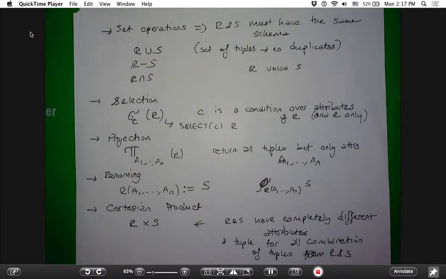Now remember that Cartesian product does not select any tuples. It just finds the multiplication. So Cartesian product in general is kind of useless. But as it turns out, it is necessary. You cannot just live with the join.